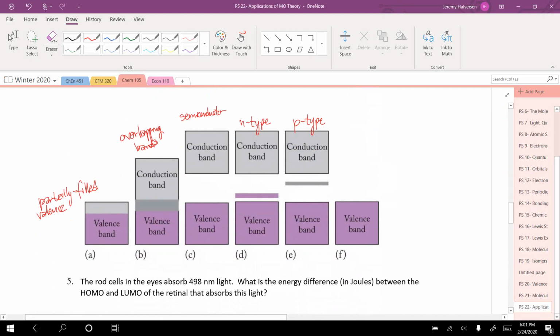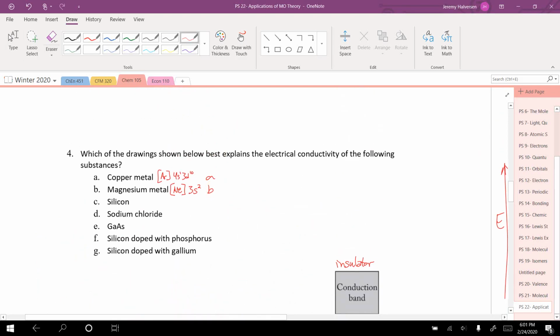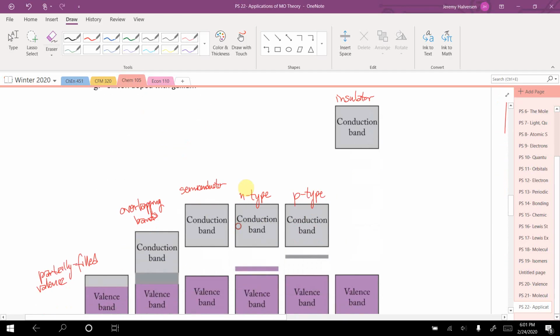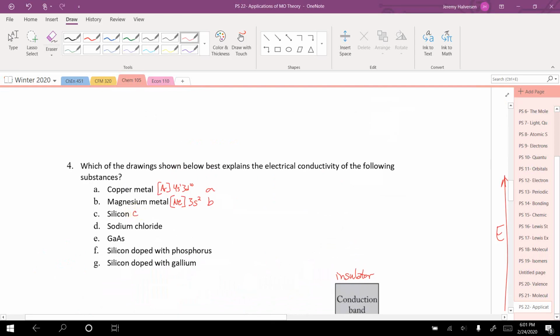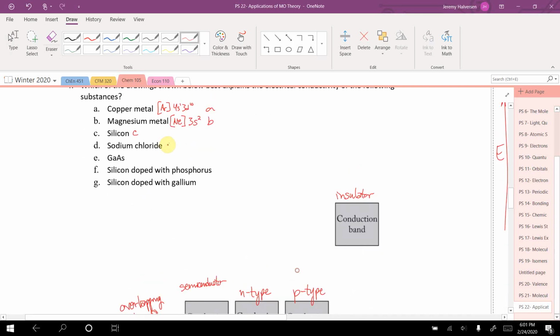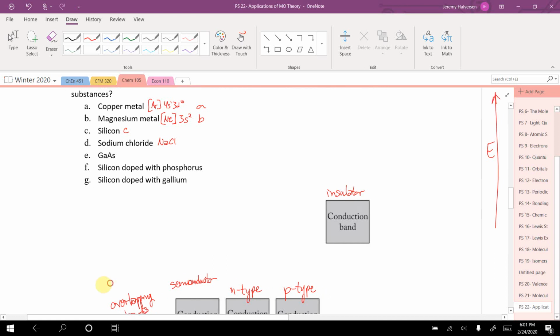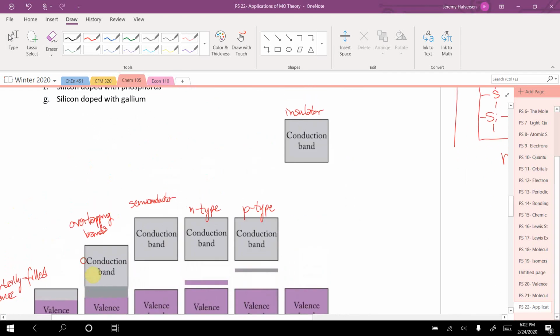But that valence orbital is full, so that would be represented by B. Silicon is a semiconductor, and if it's not doped, it's just going to look like C. Sodium chloride is NaCl. That's a salt, so that's not a semiconductor at all. That's an insulator, and so that's going to be represented by F.